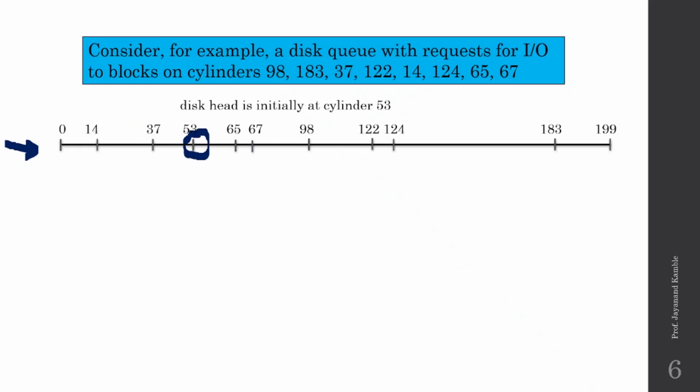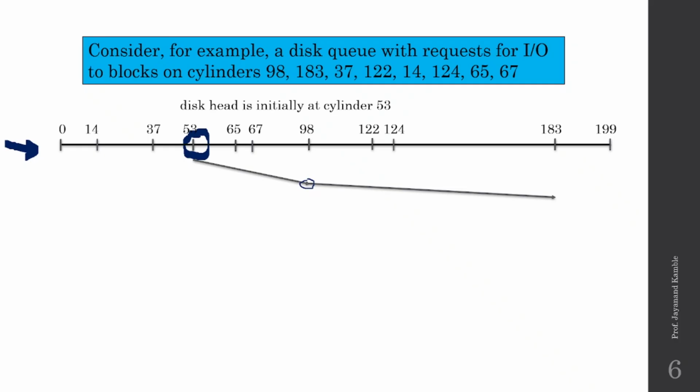From this location 53, the request is for cylinder number 98, so the read-write head moves from 53 to 98. The first service is done for accessing cylinder number 98. After that, 183, so the head moves from 98 to 183.